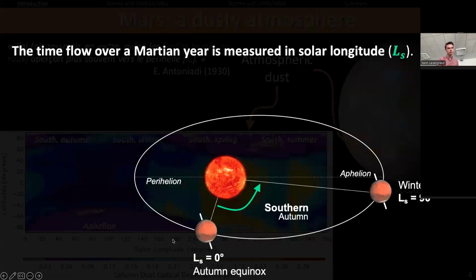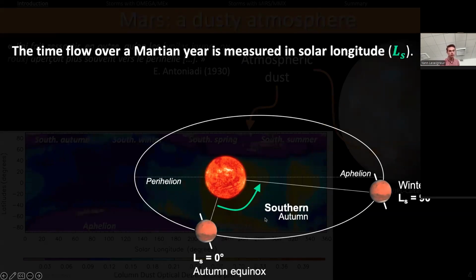The solar longitude is the way that we measure time during one Martian year on Mars. It's defined as an angle between 0 degrees and 360 degrees. And we define the different seasons from a reference point, which is 0 degrees of solar longitude, which corresponds to the southern autumn equinox.